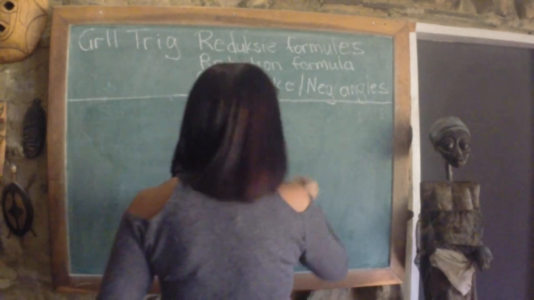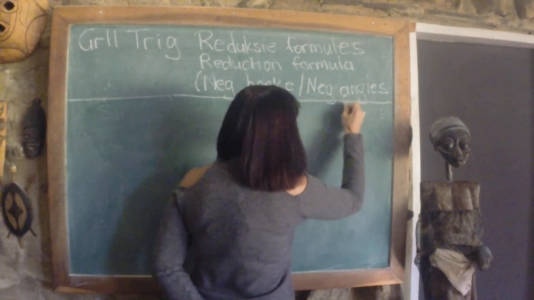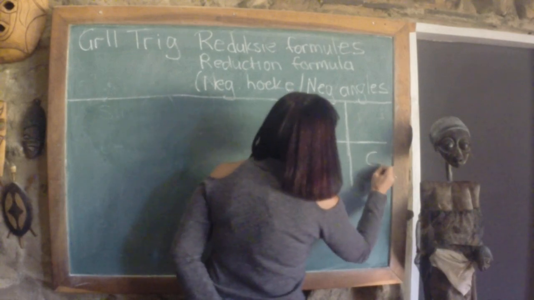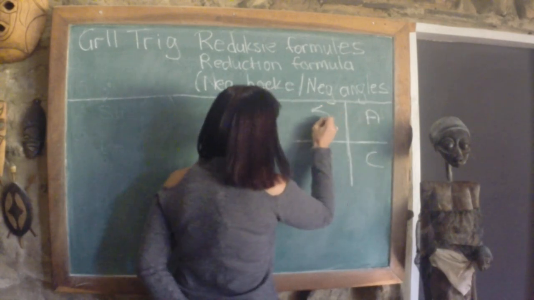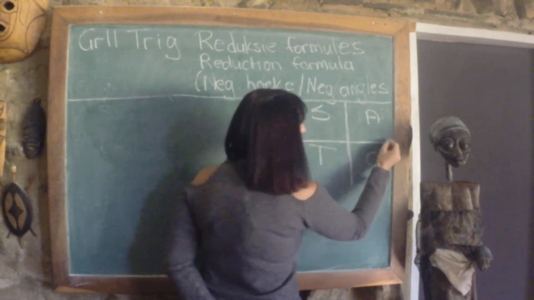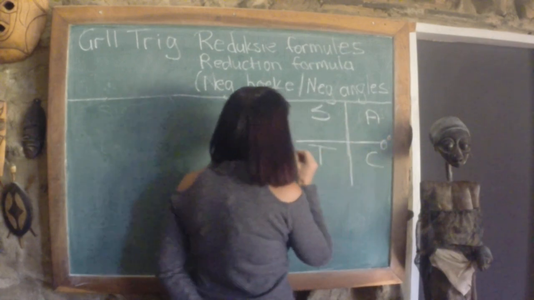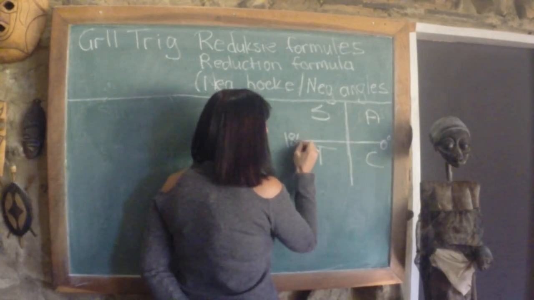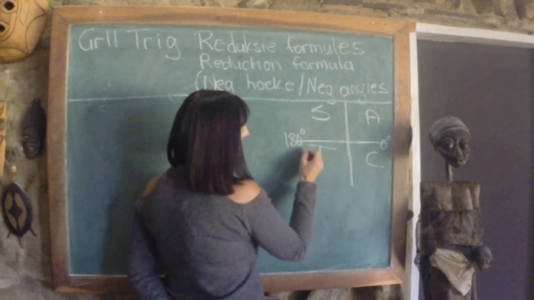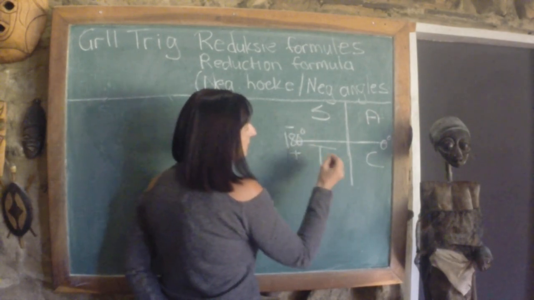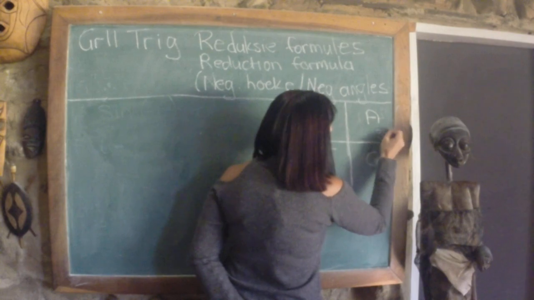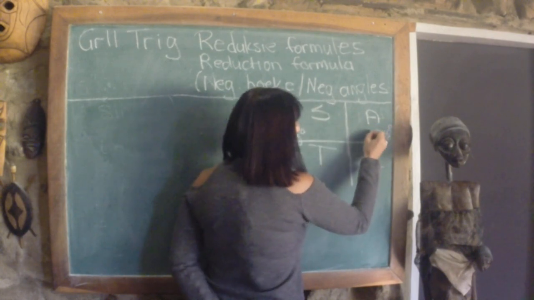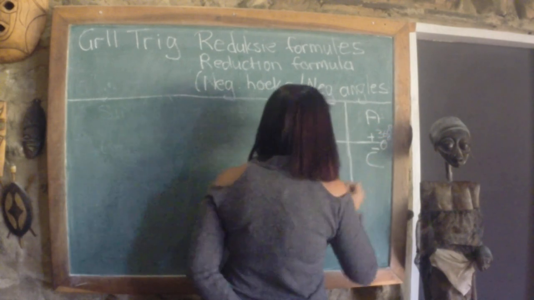Let's draw our cast diagram because we're going to use it all the time. The cast diagram. Okay, remember that's now 0 or 360, 180, and that's to the positive, negative side. And remember that's also 360, and that's to the positive, and that's to the negative side.